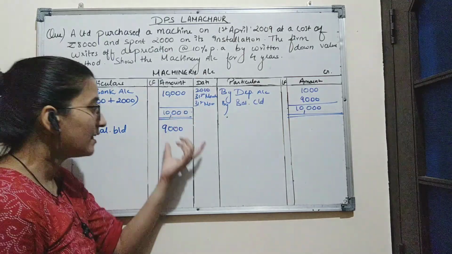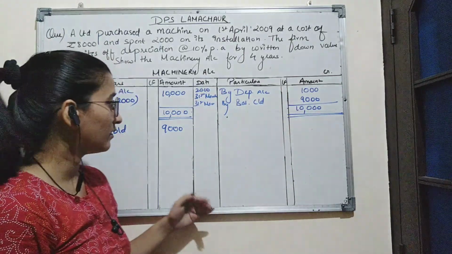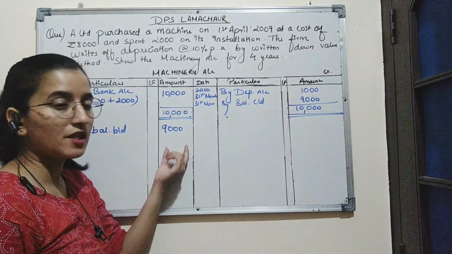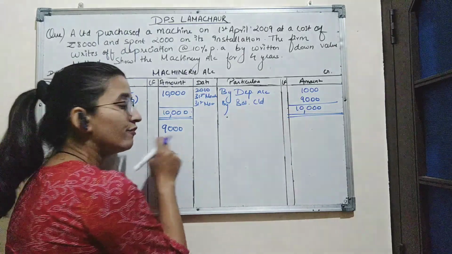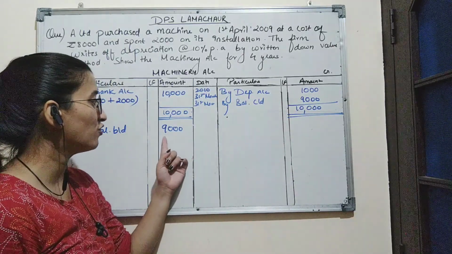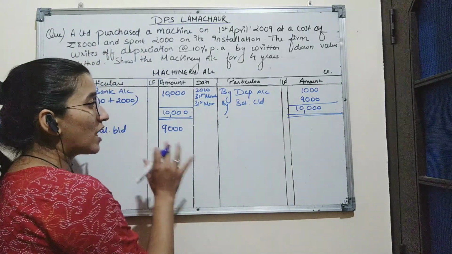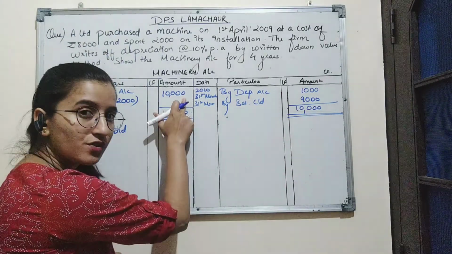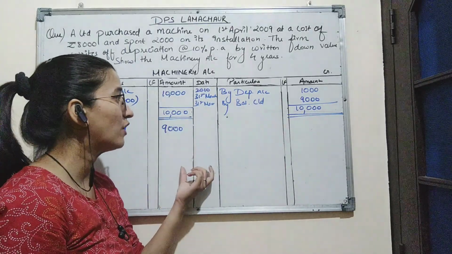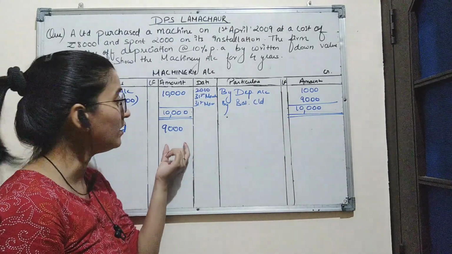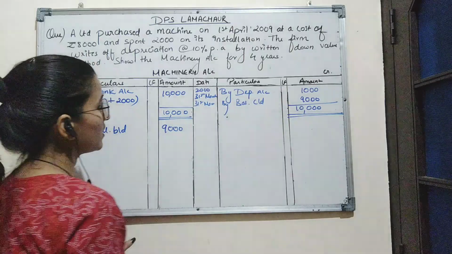Now in this method, the written down value method, we will charge the depreciation on the written down value of the machinery. So here the written down value of the machinery is 9,000. In the previous question, we were charging the depreciation on original cost only, but here in the written down value method, we'll charge the depreciation on the written down value of the machinery.